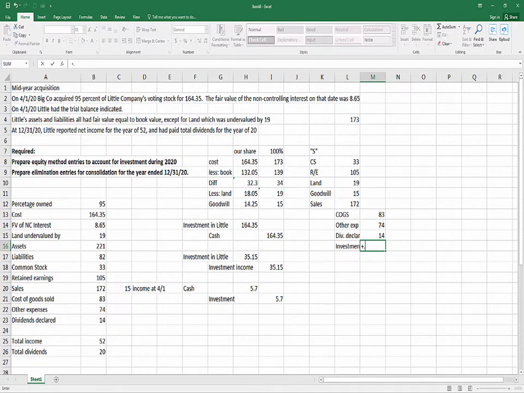We could do 95% of that number we just calculated, which is also going to be the cost of our share. The other 5% goes to the non-controlling interest, 8.65.